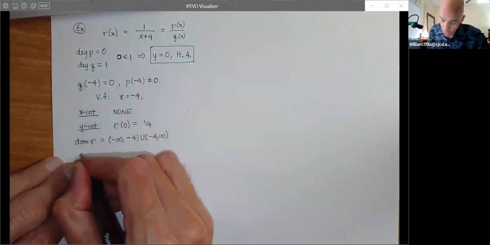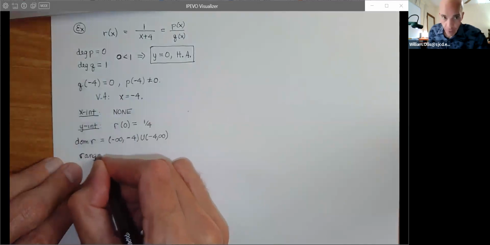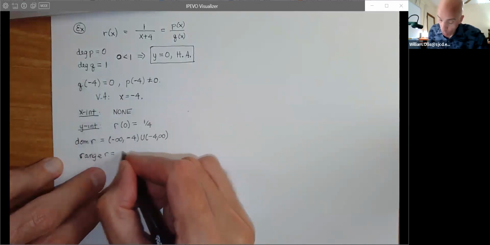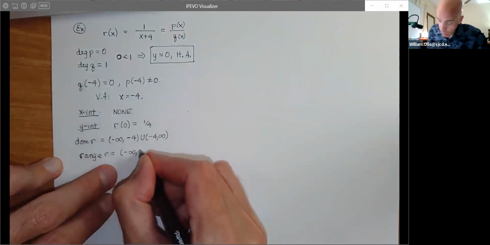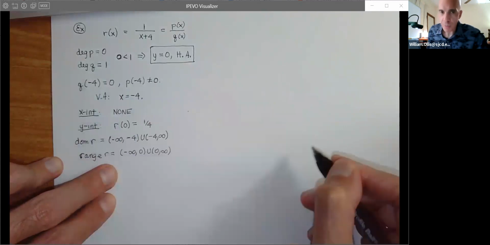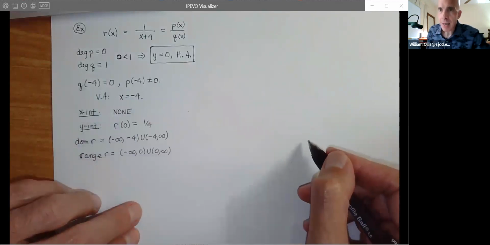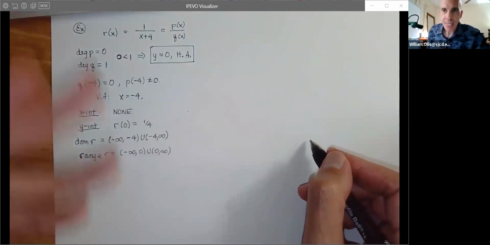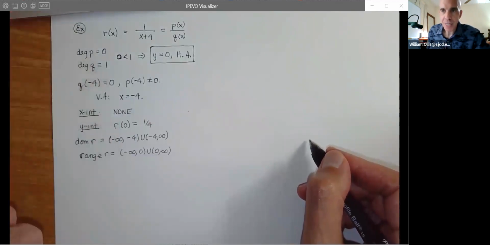So the range of R would be all real numbers except 0. Now, sometimes we have to make some adjustments, and we're going to see that today. Not all rational functions exhibit the same type of characteristics, even though we'd like to think they would. We have to be careful.